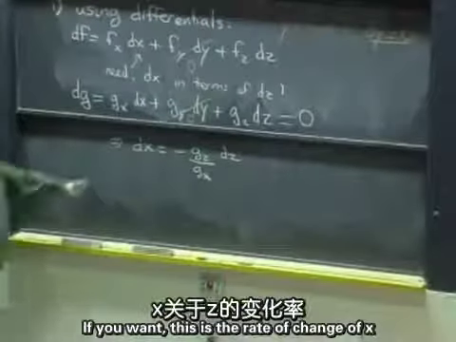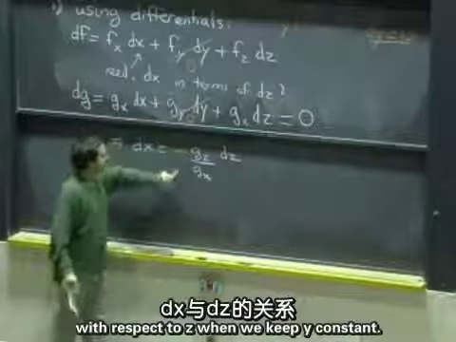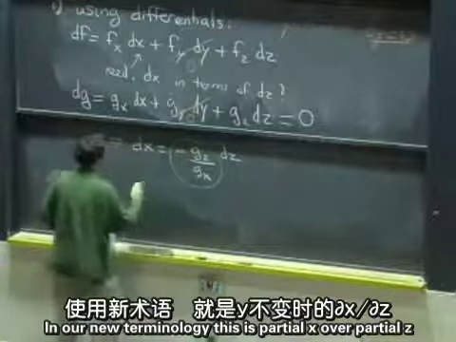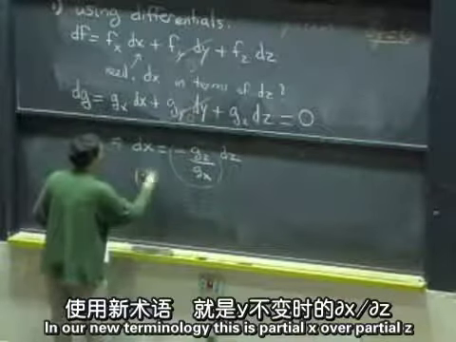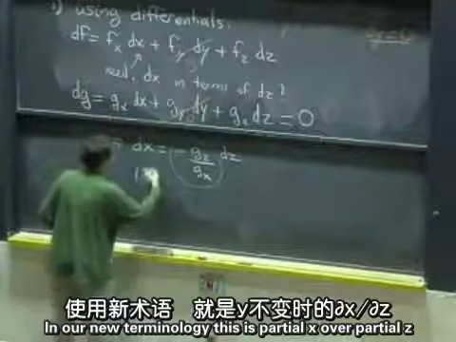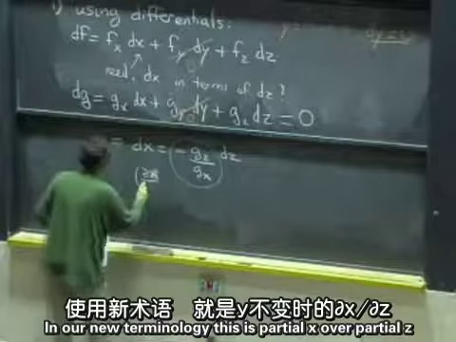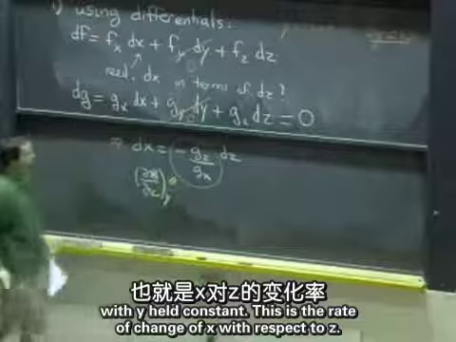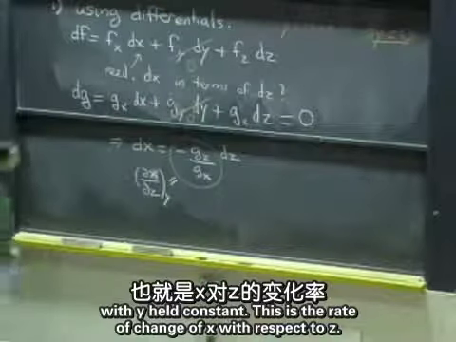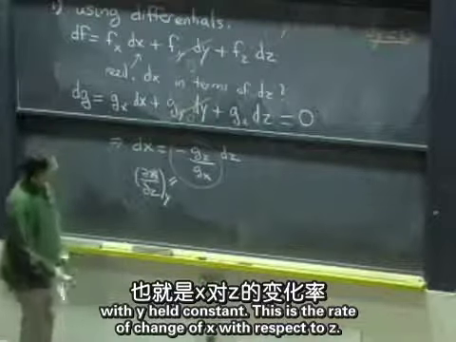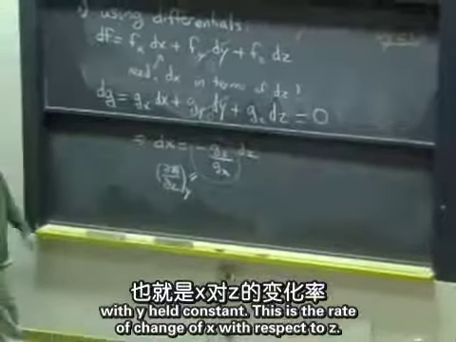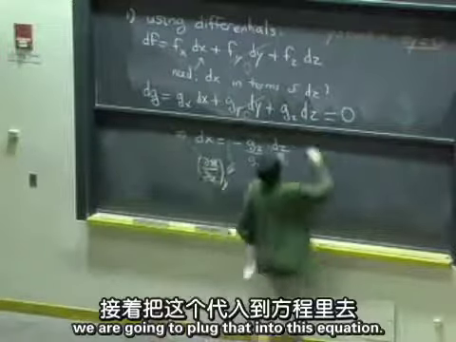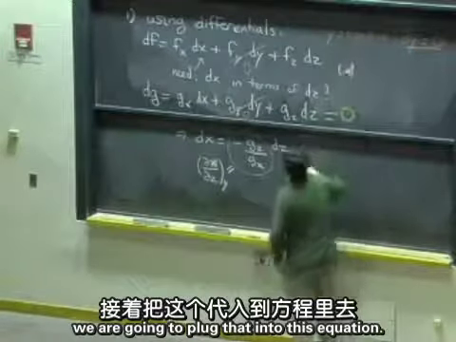If you want, this is the rate of change of x with respect to z when we keep y constant. In our terminology, this is partial x over partial z with y held constant. So now that we know that, we are going to plug it into this equation.